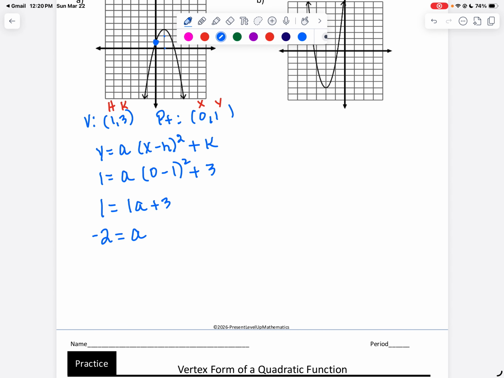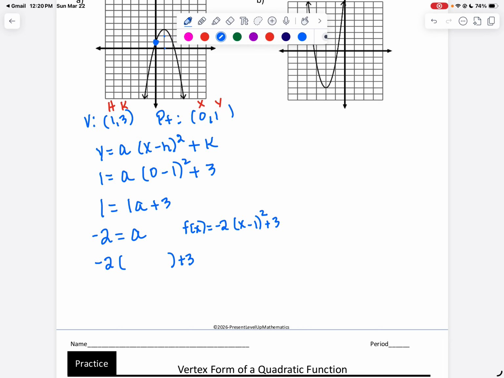So our vertex form is f of x equals negative 2, parenthesis, x minus h, which is 1, squared, plus k, which is 3. Now that's our vertex form. We now have to convert that to standard form. So to do that, we'll take negative 2, big parenthesis, x minus 1 squared, and then plus 3.